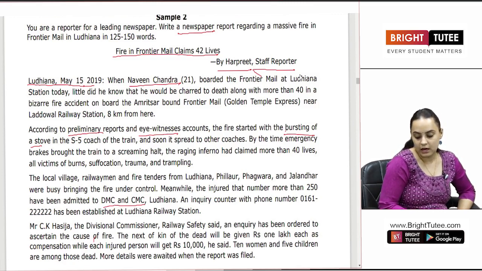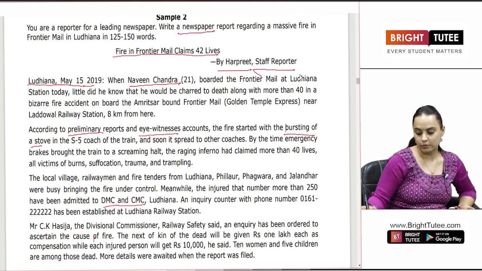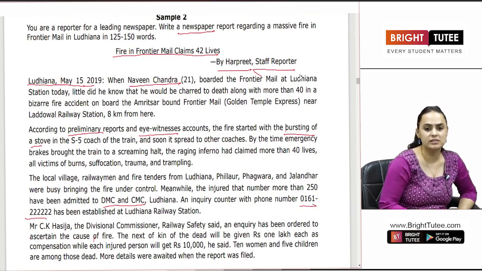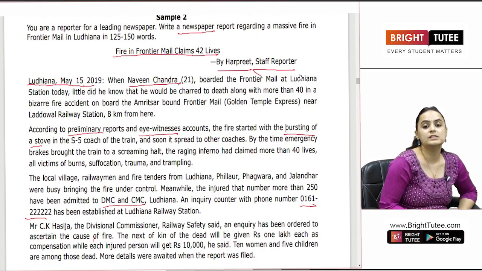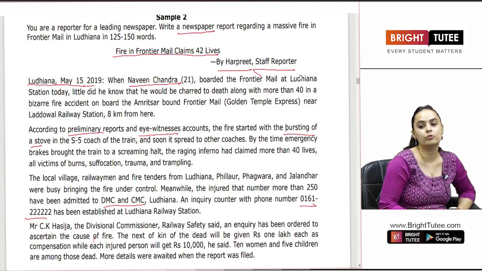An inquiry counter with phone number so and so has been established. We all know whenever there is some national emergency, whenever there is some incident like this, there is always an emergency number which is announced. So you can call and get information about any of your dear and near ones traveling on that vehicle.